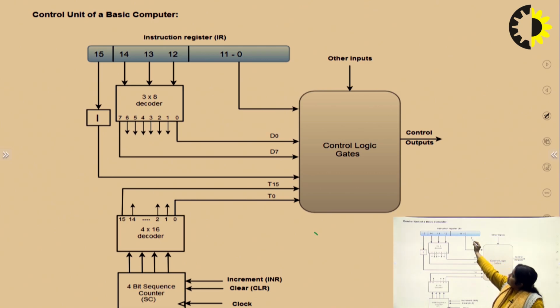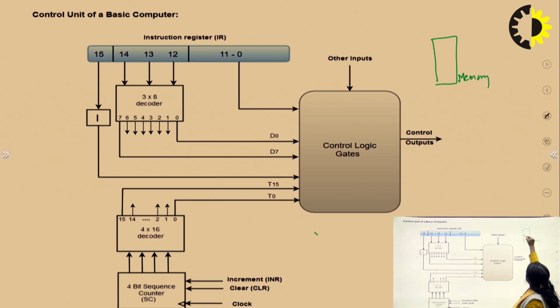Here the instruction register is there. What is going on here is that there is a memory.